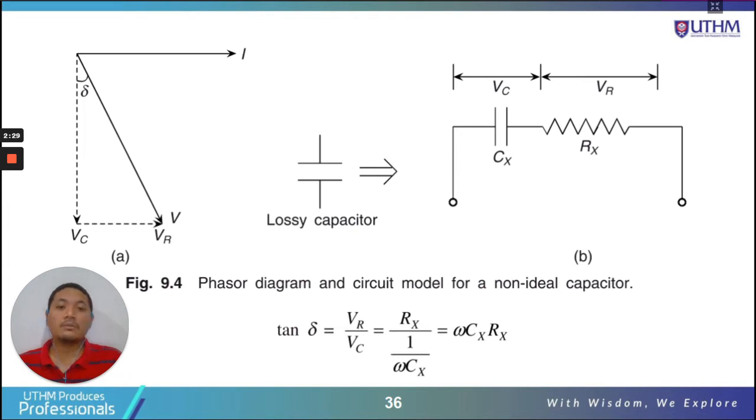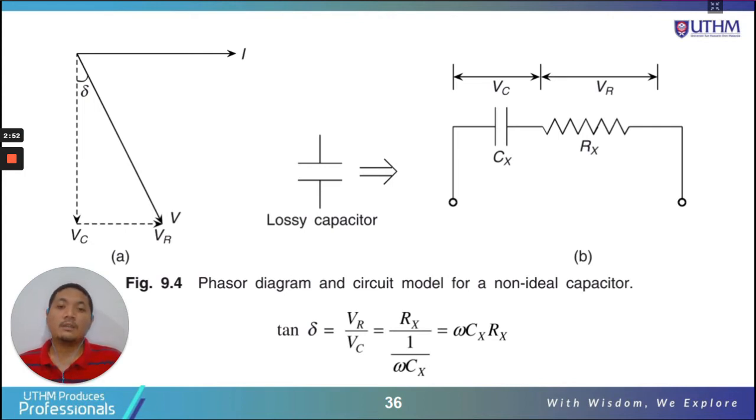It can also be represented in series. So in series, the total current is horizontal. The voltage is now behind the current. Now the tan delta is this.